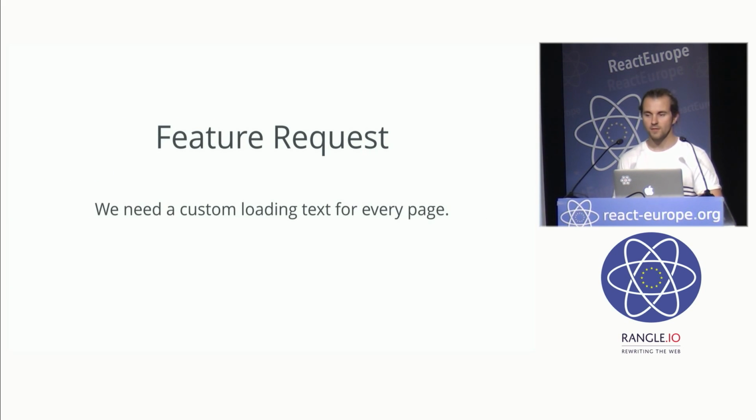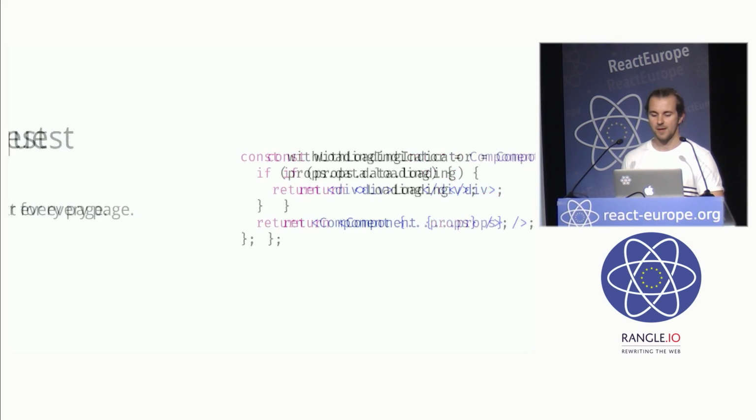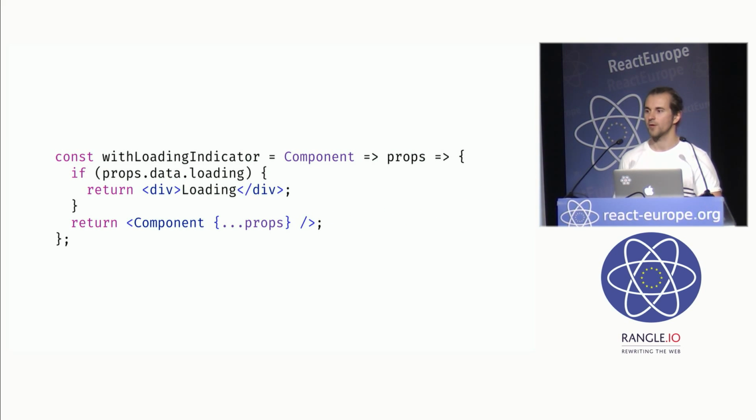Cool. But it's always like you have this one boss that needs one more feature request. And so what if we need a custom loading text for every page? We actually can make this happen as well, with higher order components. We can make it a function that returns a higher order component.